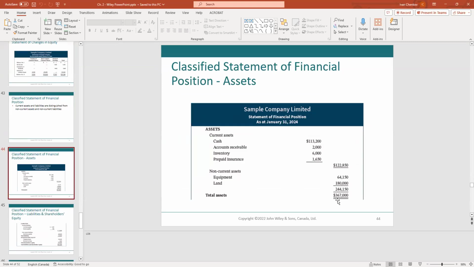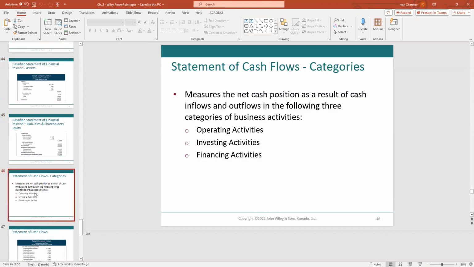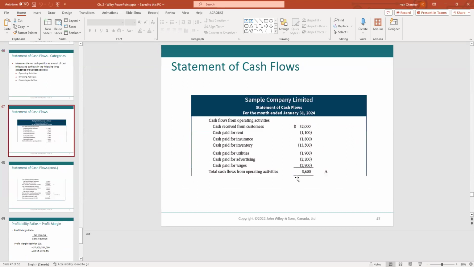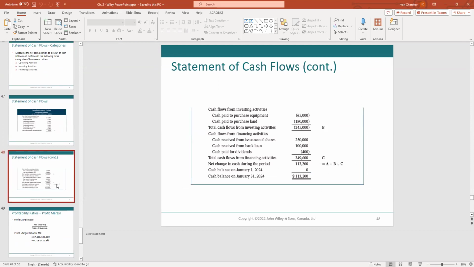What are the assets in the company? What are the liabilities and equity? And then we can prepare the cash flow statement to see how much cash the company generates from operating activities, and how much it is spending on investing and financing.